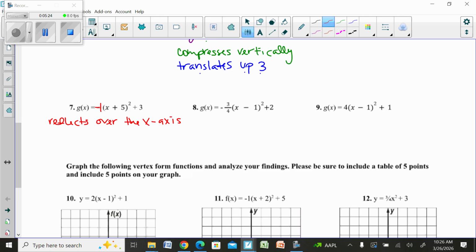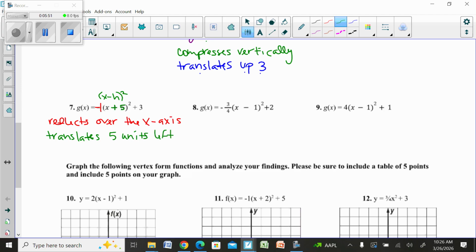And then there's 2 translations here. I'll kind of color coordinate them for you. The +5 we haven't done yet. The actual form says x minus h squared. So if the original form of the equation says minus, and we're looking at a plus, that means we plugged in a negative value. So this graph translates 5 units to the left.